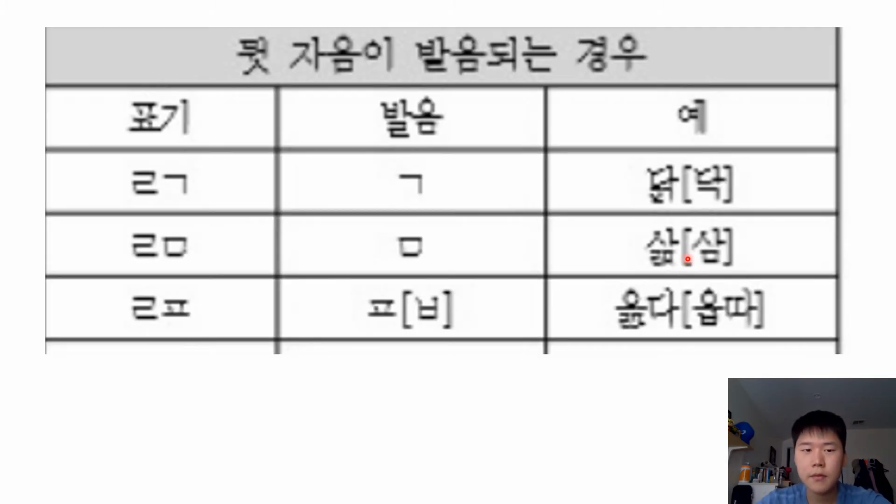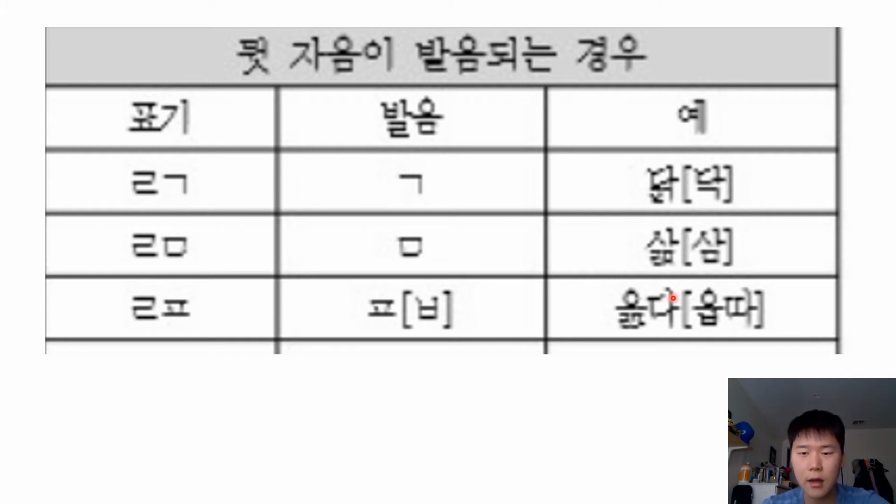So for this one, the next one is 리을 and 기역. However, for 리을, there's a special situation. Instead of 리을 being the leading sound, 기역 is the leading sound. So it becomes 닭, not talk or something like that.